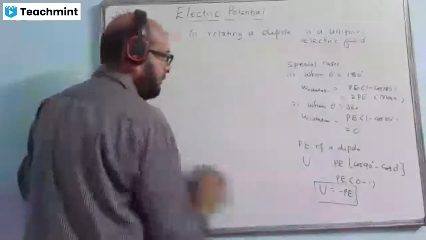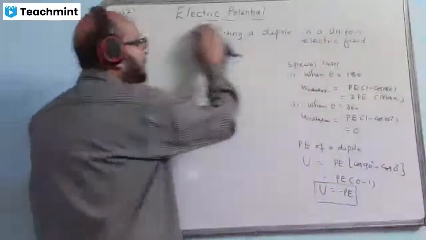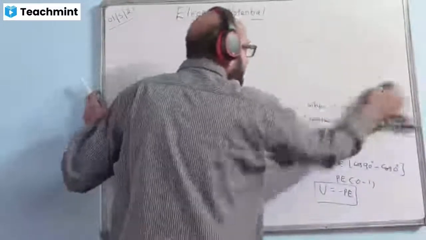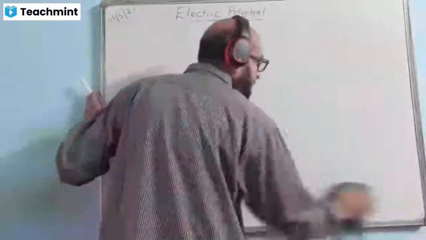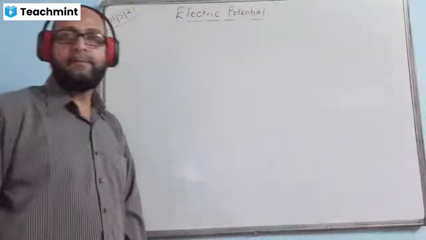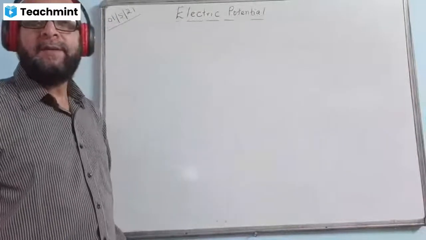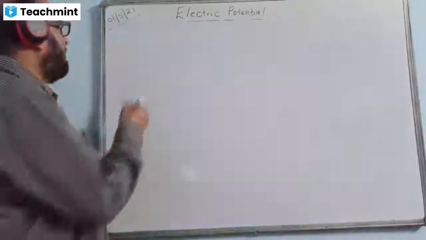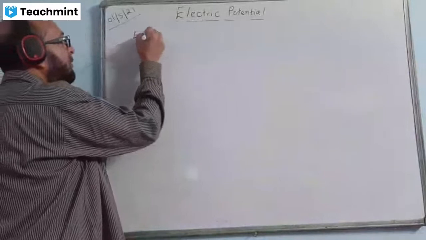Now, give one more heading, then this chapter's theory part will be over. Then we'll do some problems. Give the heading electrostatic potential energy.